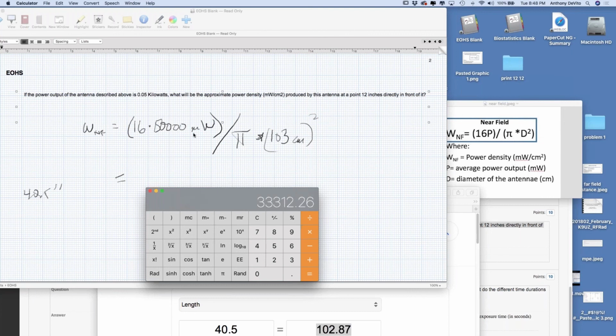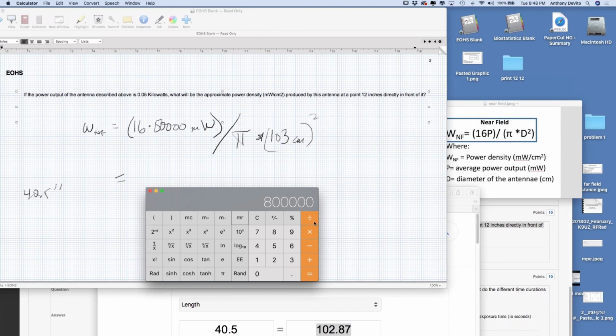On top is milliwatts, so our answer is going to be in milliwatts per square centimeter, which is the unit we're after. I'm going to put that into memory, clear the register, and do our numerator, 16 times 50,000.